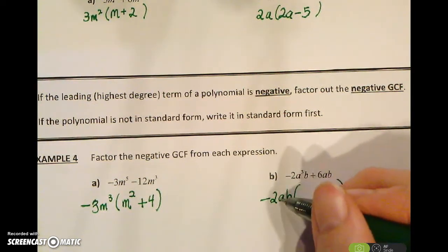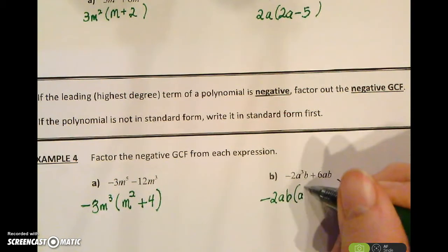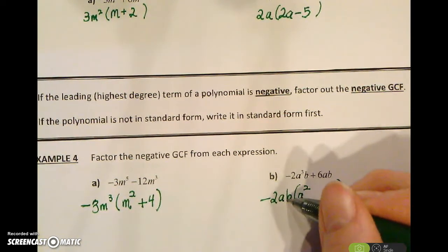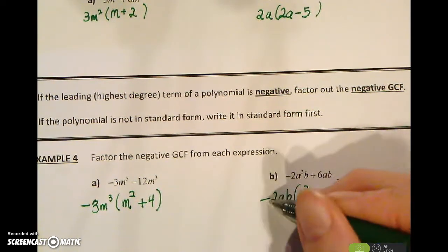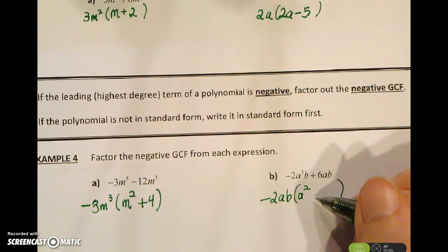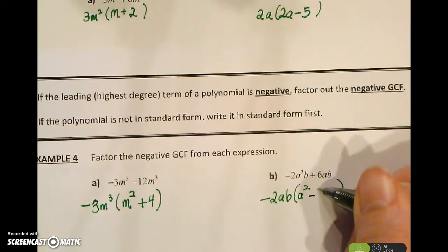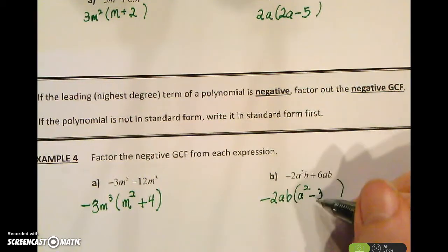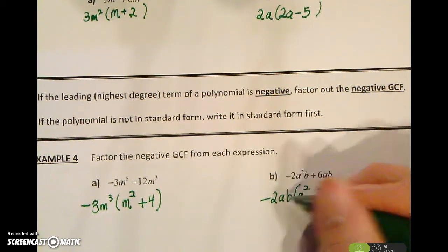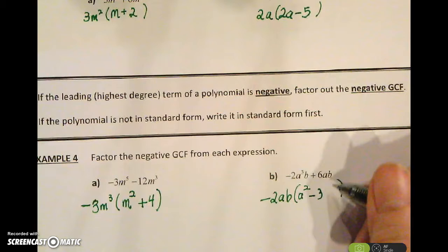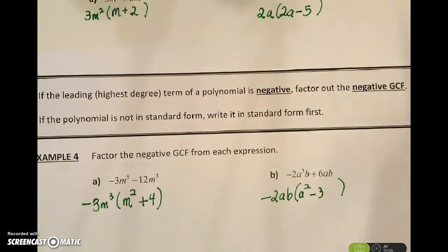Well, 1. a times what is a to the third? That's missing a to the second. I don't need any more b's. So negative 2 times what is going to give me a positive 6? Well, that's going to be a negative 3. Negative 2 times negative 3 gives me positive 6. I don't need any more a's and I don't need any more b's, so I am done with that.